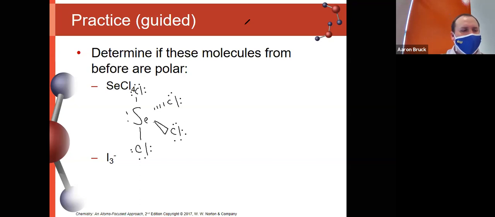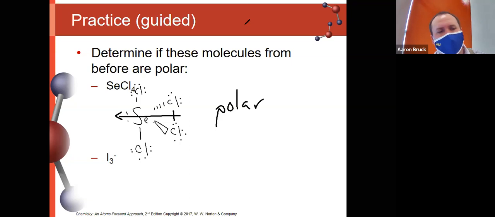We would end up seeing a net dipole moment in the direction of that lone pair of electrons. Selenium tetrachloride is polar as a result. So any element of asymmetry, lone pairs included, would fit into that description. Lone pair would be certainly an example of that.